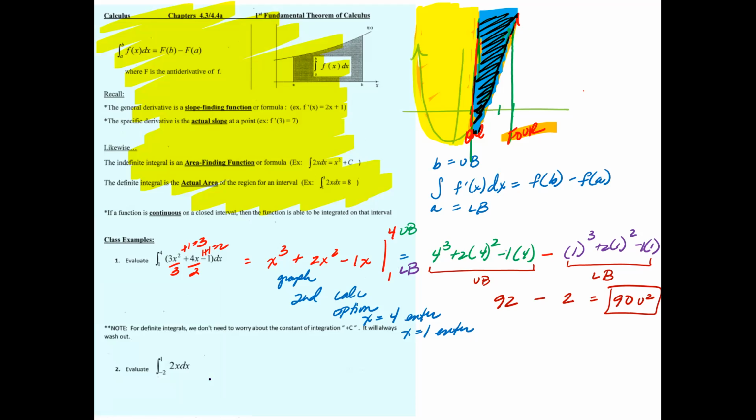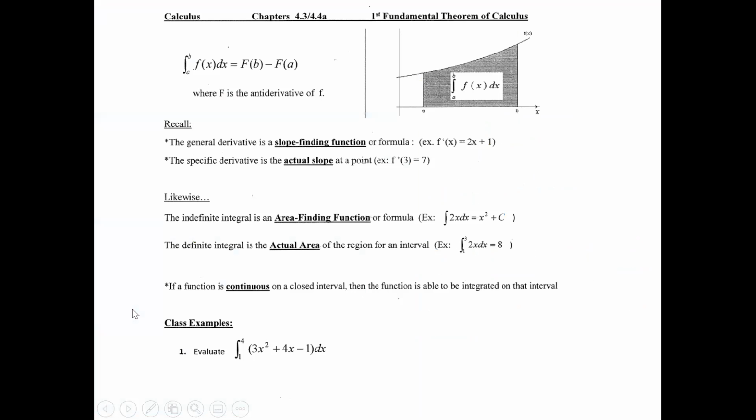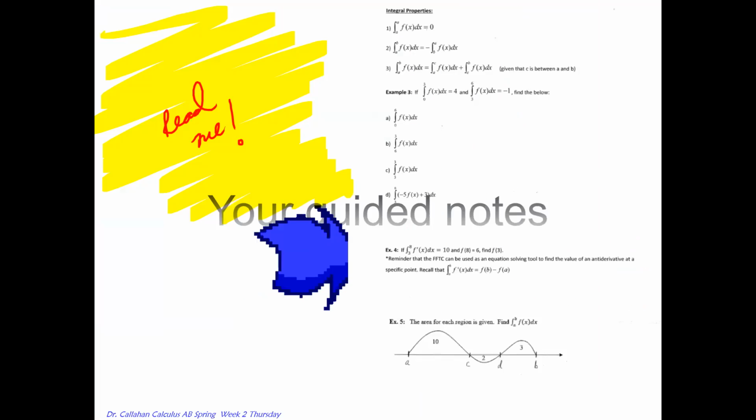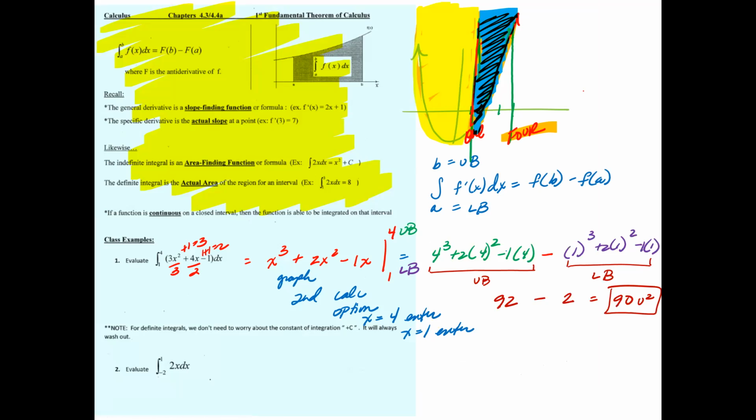All right, let's go ahead and take a look at number 2. For number 2, it's just the integral from -2 to 1 of 2x. So this is a 1 plus 1, which is a 2. So my integral is going to just be x squared. And that's it.